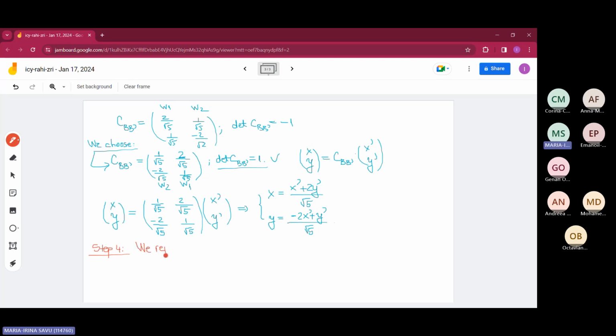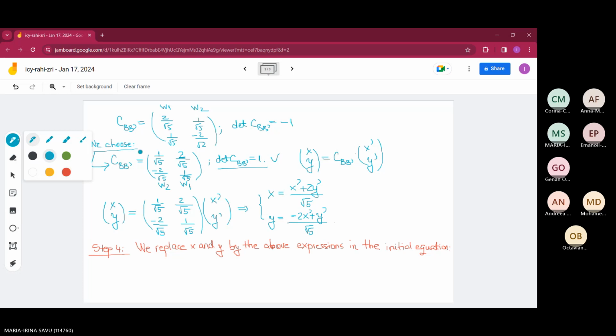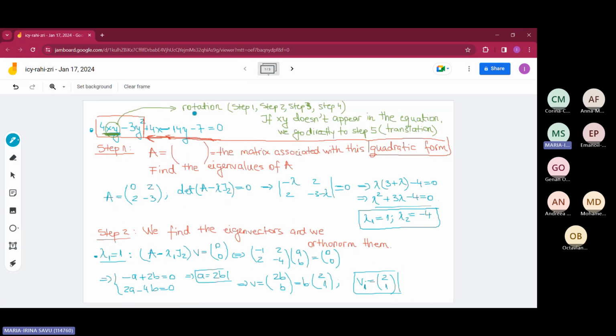So we replace x and y by the above expressions in the initial equation. So let's see. The initial equation was this one.